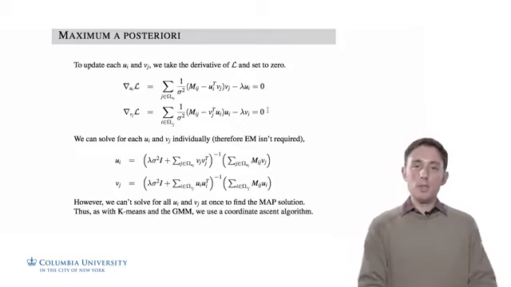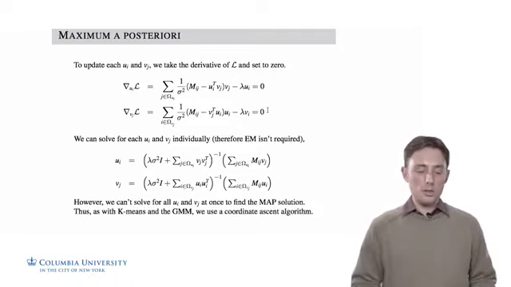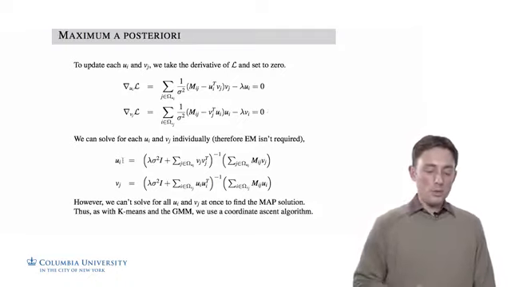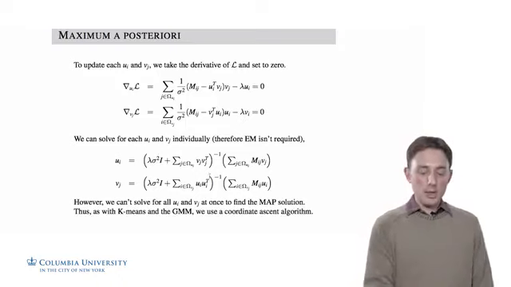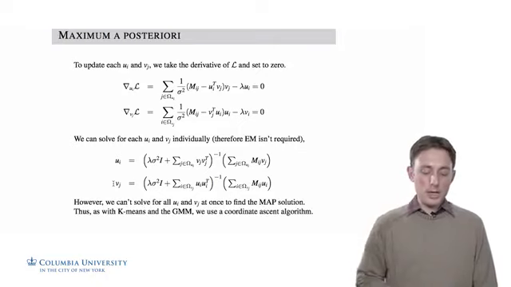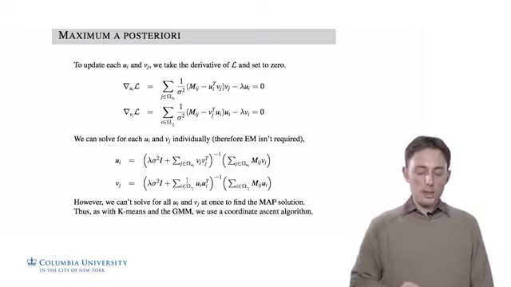And it turns out that for this problem, because of the specific model structure that we assumed, we can solve all of these. And so user i's location can be updated using this equation, and object j's location can be updated using this equation. Notice that what we have here is an outer product for user i.